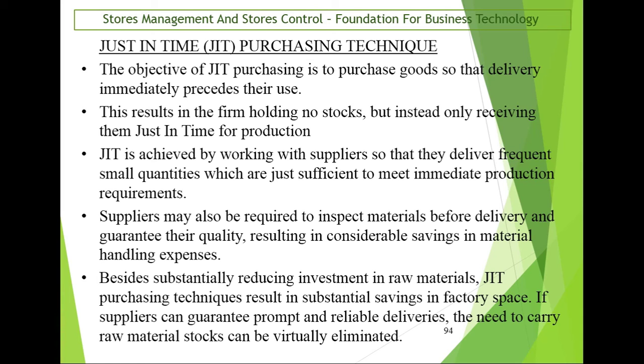We want to place an order so that the moment the goods arrive, the production process is already ready to consume those goods. We achieve just in time by working with suppliers so that they deliver frequent small quantities which are just sufficient to meet our immediate production requirements.